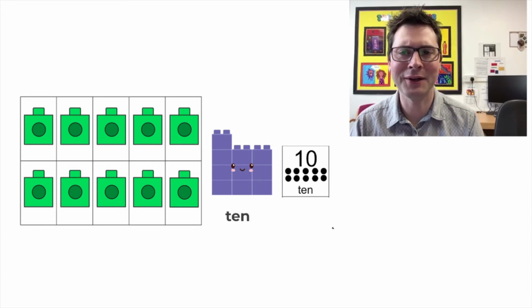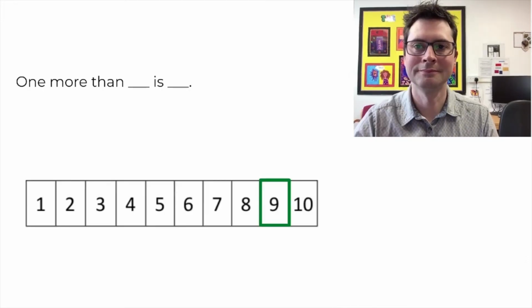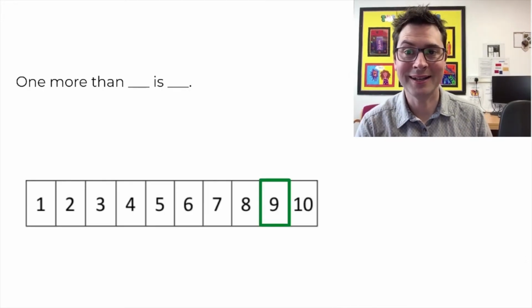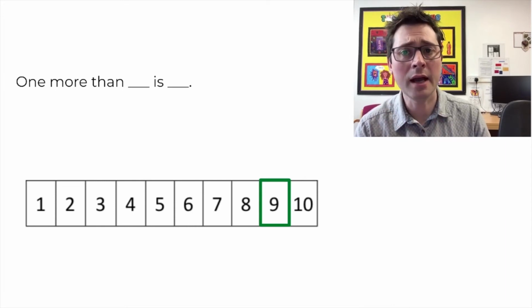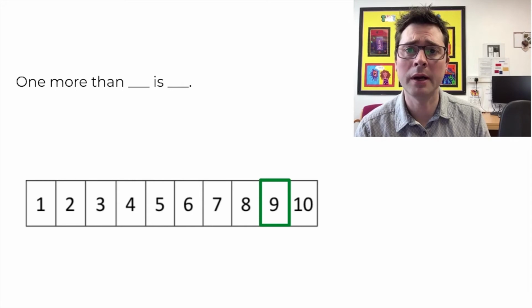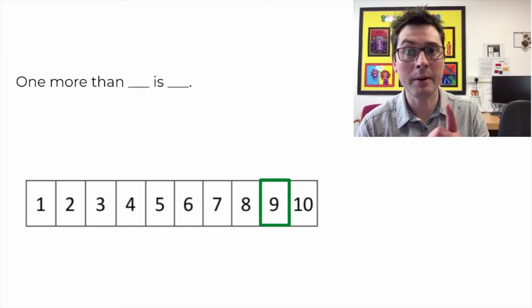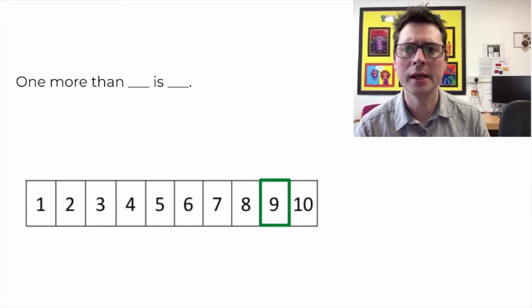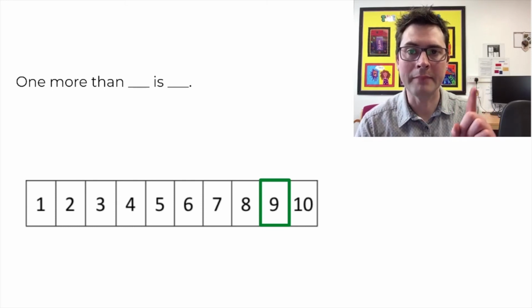Let's have a look what that looks like on our number line. So, highlighted there is the numeral 9. That represents the 9 objects that I had on my tens frame to start with. And then I added another one. Now remember, just like our elephants, adding 1 makes the number increase by 1.